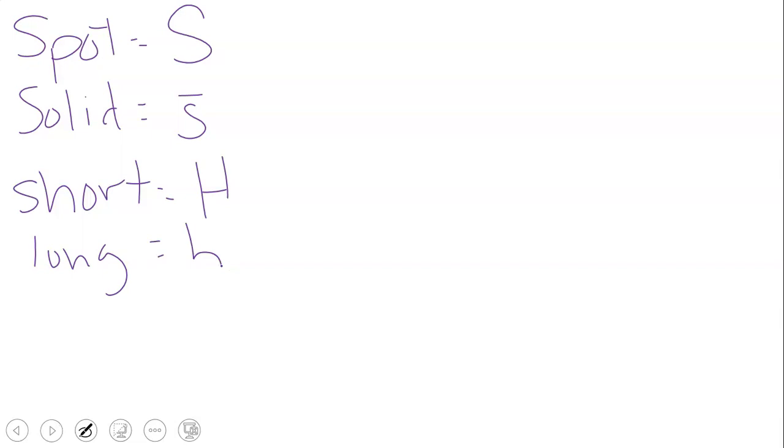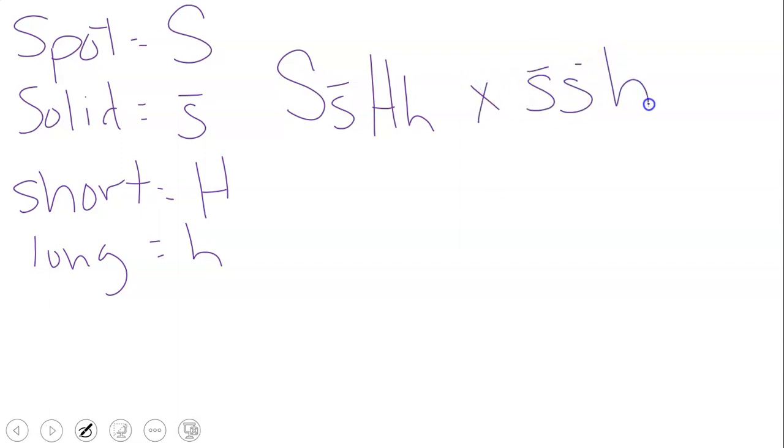It says rabbits, heterozygous for both characters. Okay, so big S, little s, big H, little h. So that's a heterozygous rabbit, spotted with short hair, is going to be mated with homozygous recessive rabbits. So little s, little s, little h, little h. So solid with long hair.